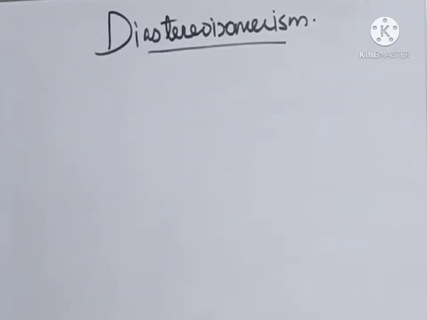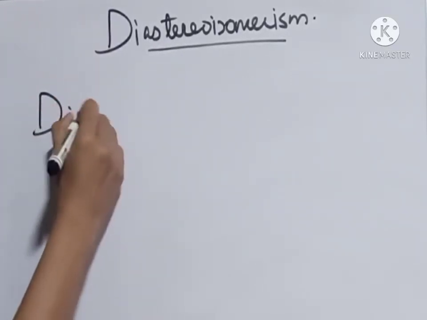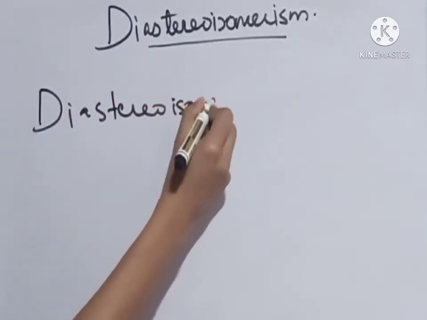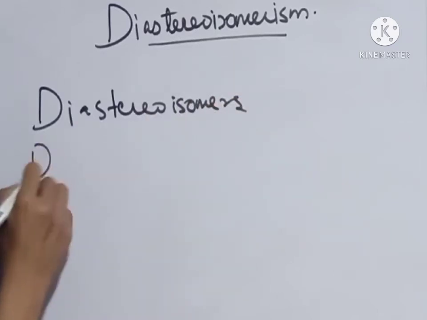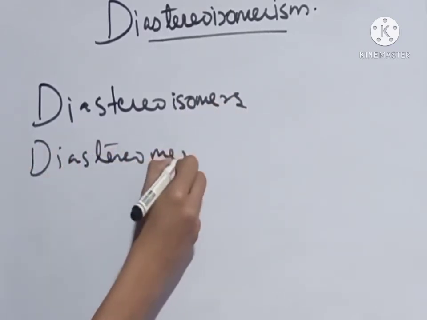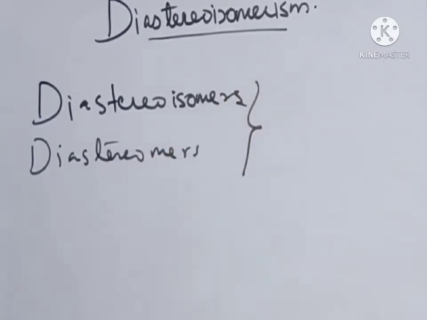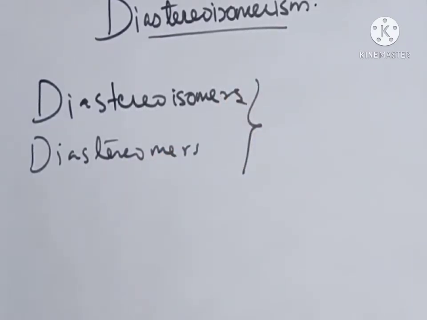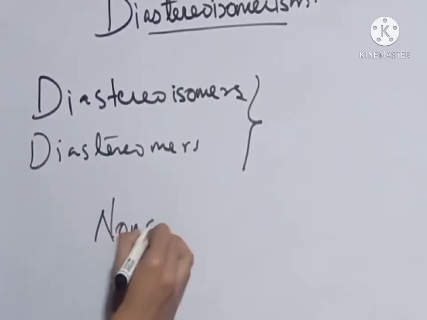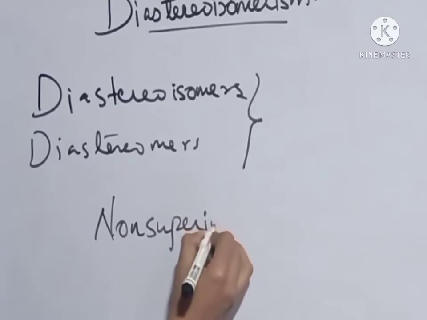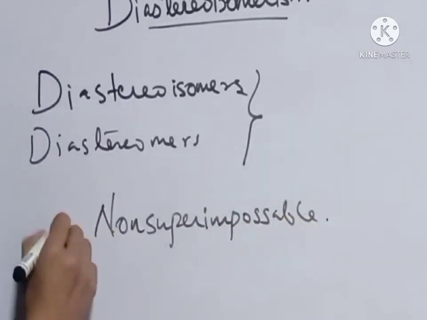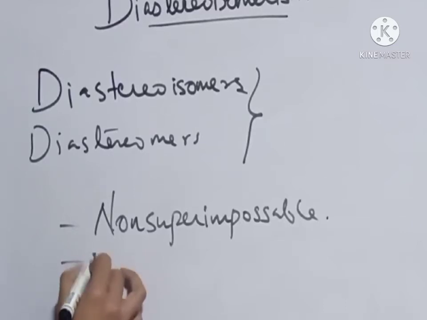Diastereoisomerism. Diastereoisomers, or diastereomers, are the stereoisomers which are non-superimposable but not related as mirror images.